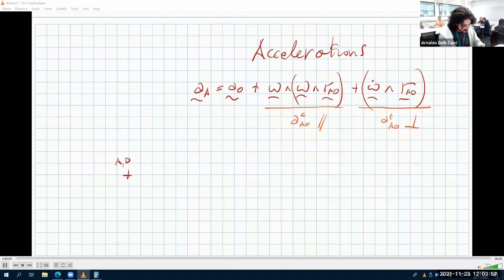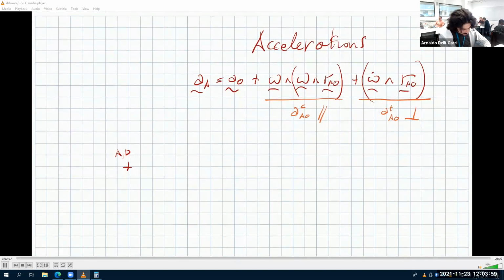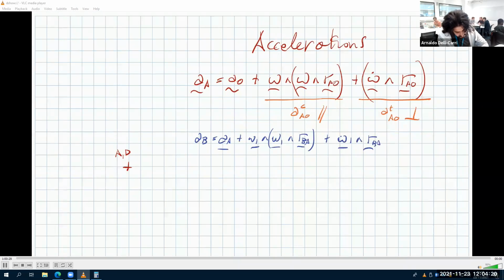So let's start with B. The acceleration of B is the acceleration of A plus omega 1 vector omega 1 vector RBA plus omega dot 1 vector RBA. Of course, omega dot 1 is 0 because omega 1 is constant, so we don't need this. How much is this?